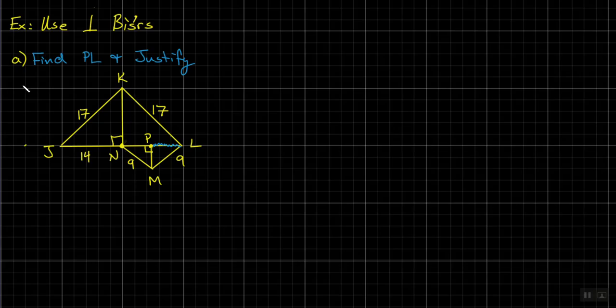Now, maybe. All I know for now is that it's perpendicular, right? Why do we think or know that this is a bisector? And I'm going to write each of these things down. KN is a perpendicular bisector. Why? All we've marked is that it's perpendicular. Well, okay.